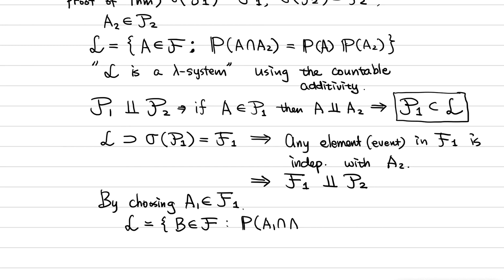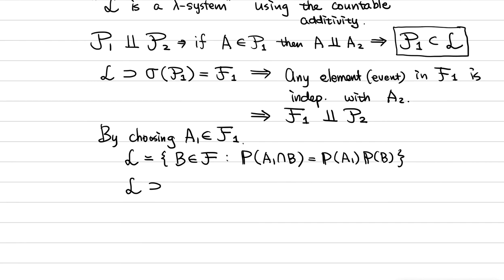So repeating the same argument as above, you show that this new definition of curly L is also a pi system and a lambda system, and that it contains curly P2, and therefore L must include the sigma algebra of curly P2, which is F2, and that shows that any element in F1 is independent with any element in F2.